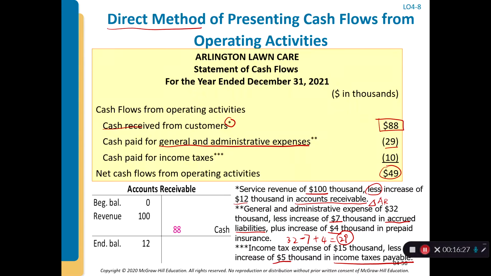So in other words, we have a revenue. In another word, the revenue instead of 100, we reported 88 because we only collected the cash for 88, because this is an account receivable account, right?